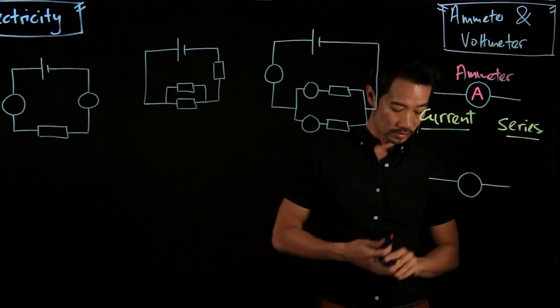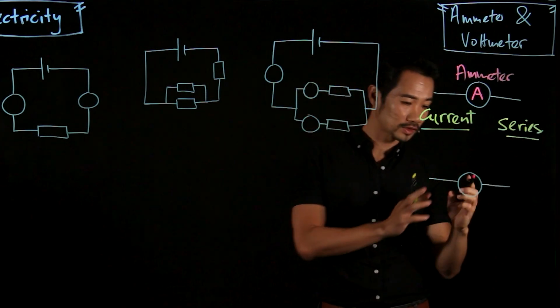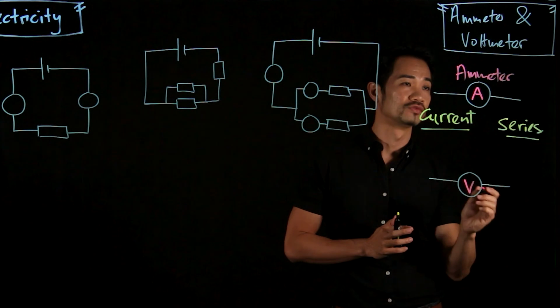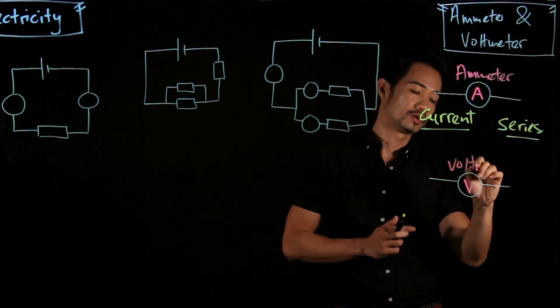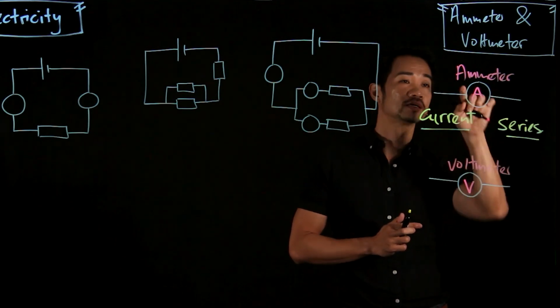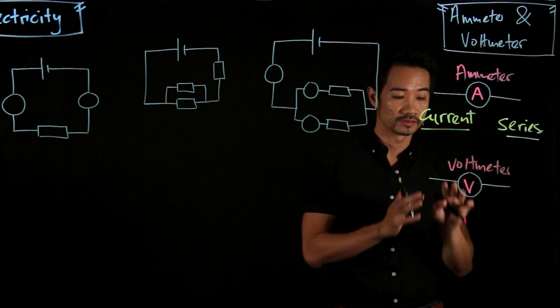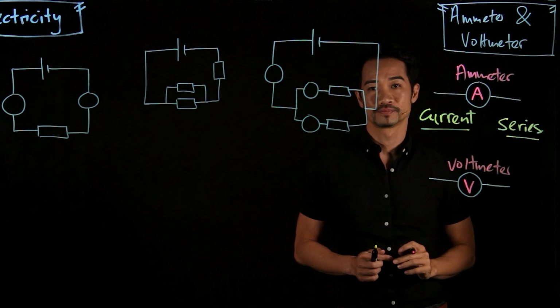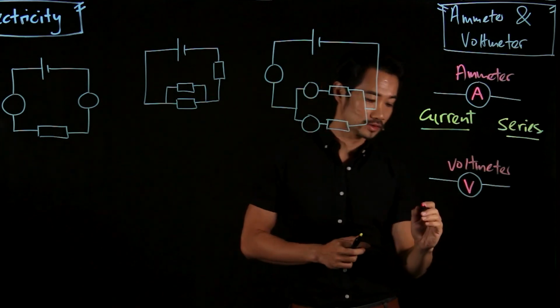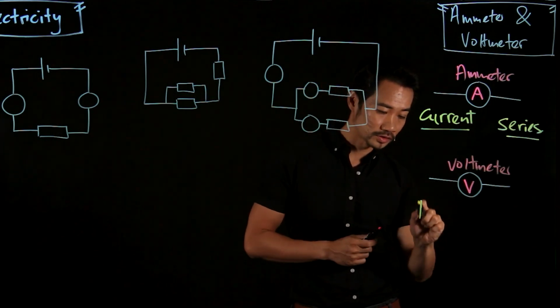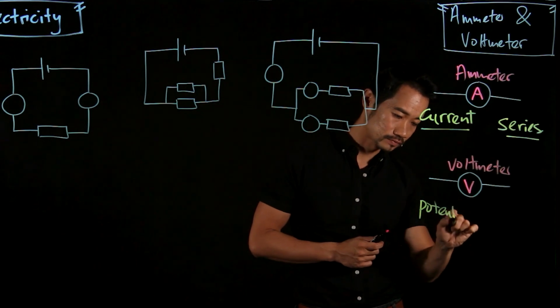Next, you have your voltmeter. Inside the circle, we write a V. If the ammeter, ampere, measures current, what does the voltmeter, volt, measure? Yes, you are right. It measures potential difference.